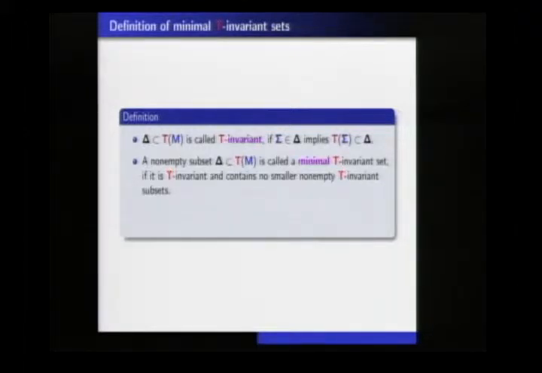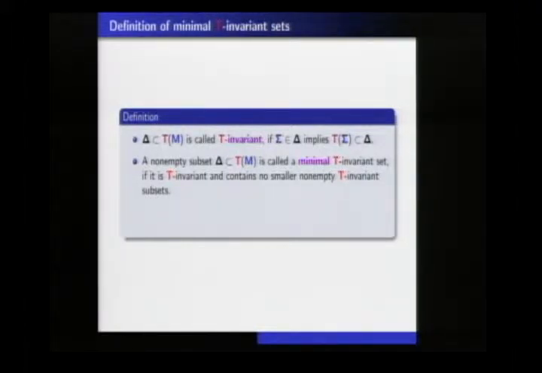So if you have a non-empty subset, it's called a minimal, a smallest T invariant set if it's T invariant and it contains no smaller non-empty T invariant subset. Again, this is standard language from dynamical systems: the smallest invariant set.